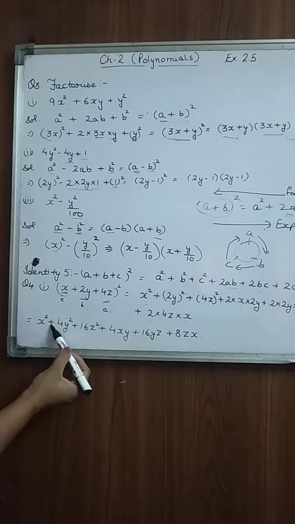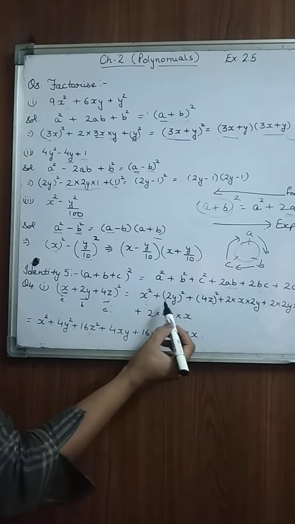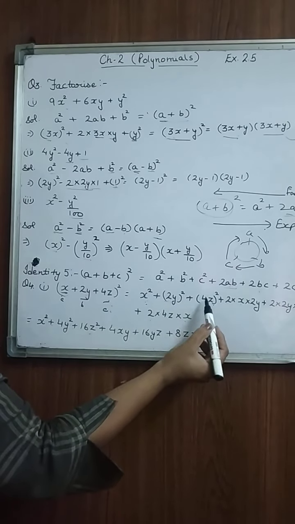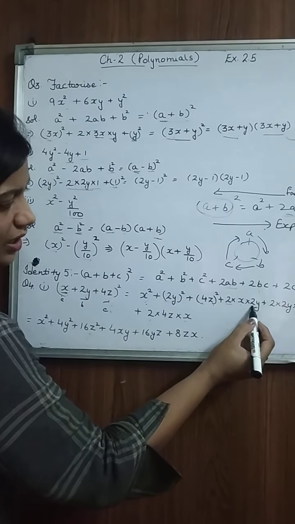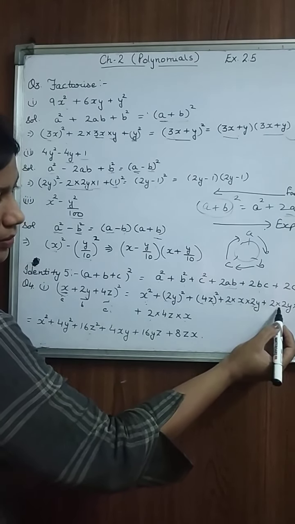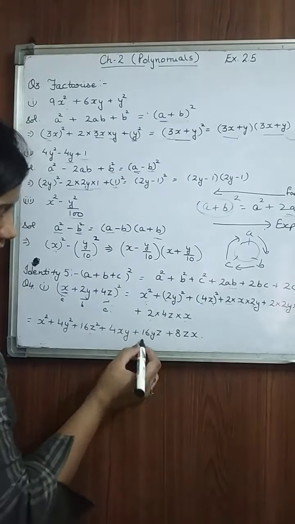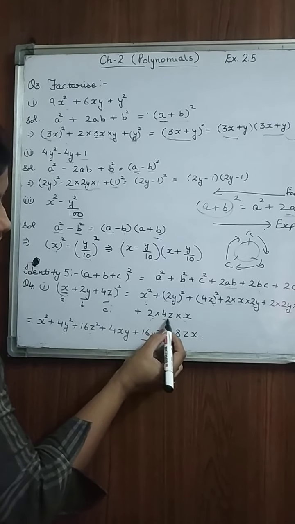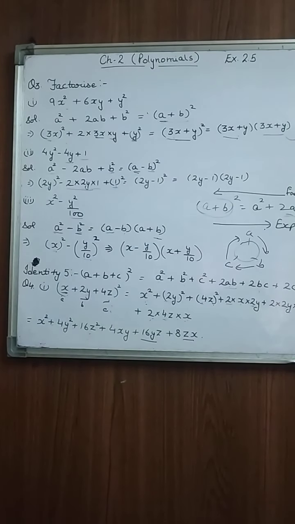What have we got? x square plus 4y square plus 16z square, since 2 square is 4 and 4 square is 16. Plus 2 2s are 4, so 4xy, plus 2 2s are 4, 4 4s are 16, so 16yz, plus 2 4s are 8zx. So this is your answer.